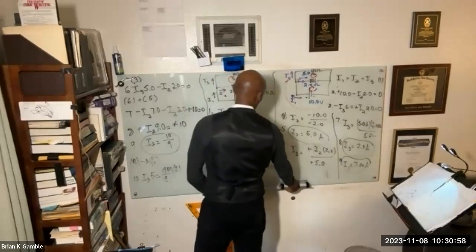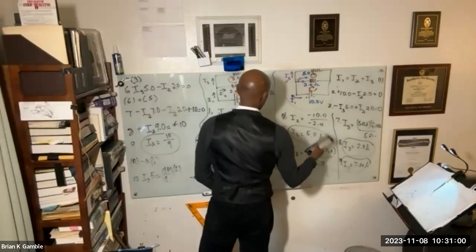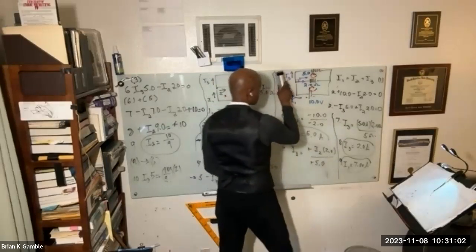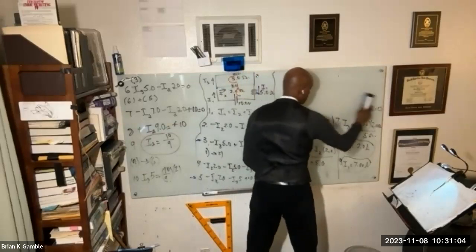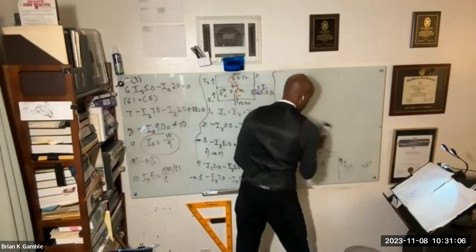So I'll do that over, I don't think we need that anymore because I want to compare it to this. The next one I do, I'm going to compare it to this one.